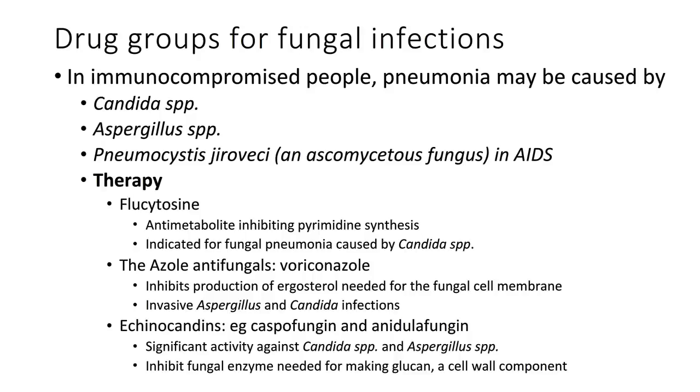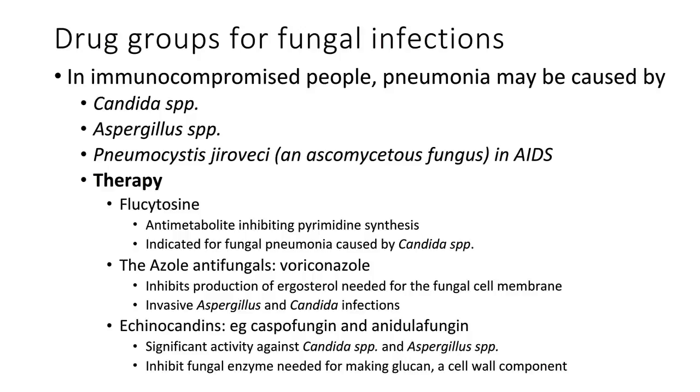The echinocandins, that you can see the drug names there end in fungin, which at least gives you a hint that they're working against fungi. They have significant activity against both those species, but they work by preventing glucan being made, which is needed to make the cell wall.